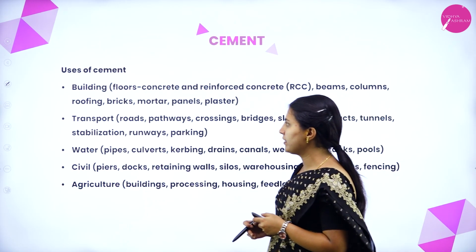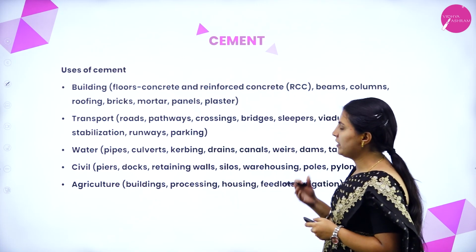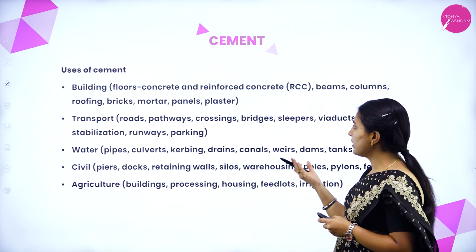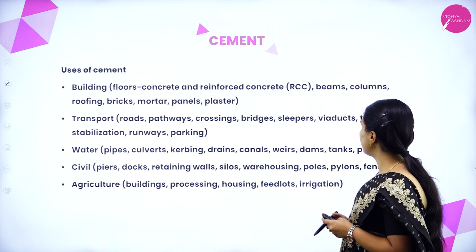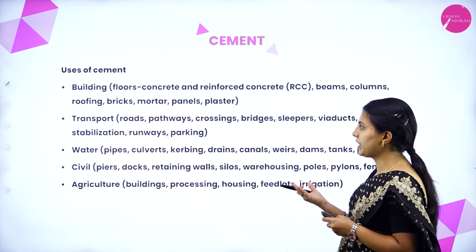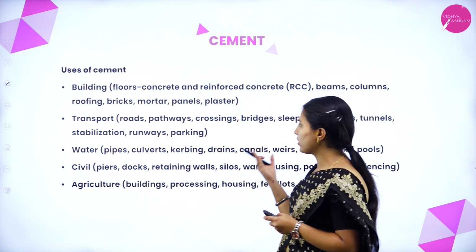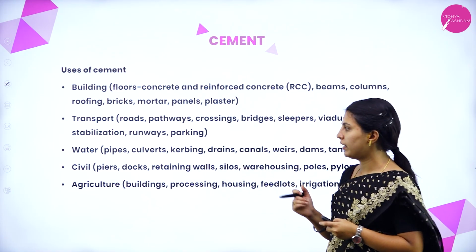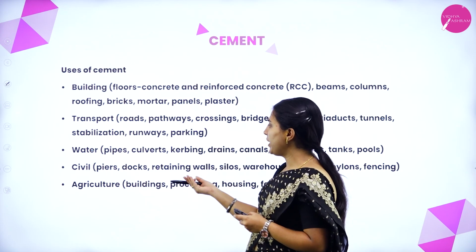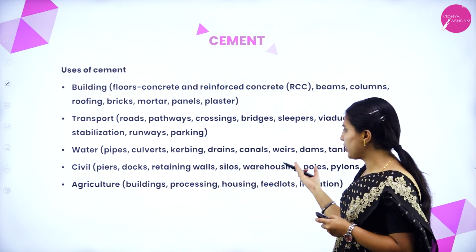Next, uses of cement. Buildings means floor concretes and reinforced concretes, beams, columns, roofing, bricks, mortar, panels and plaster. Transportation in roads, pathways, crossings, bridges like that. Water, pipes, culverts, curbing, drains, canals.